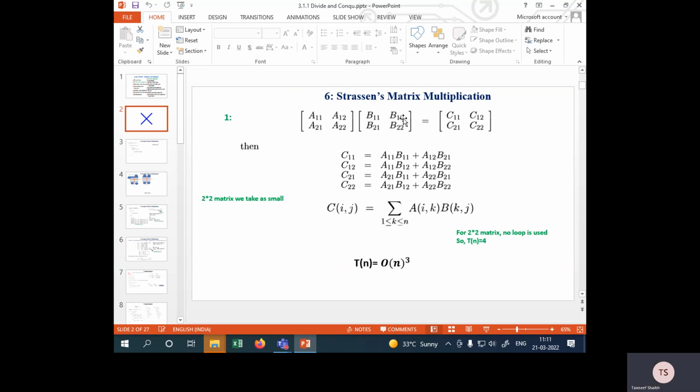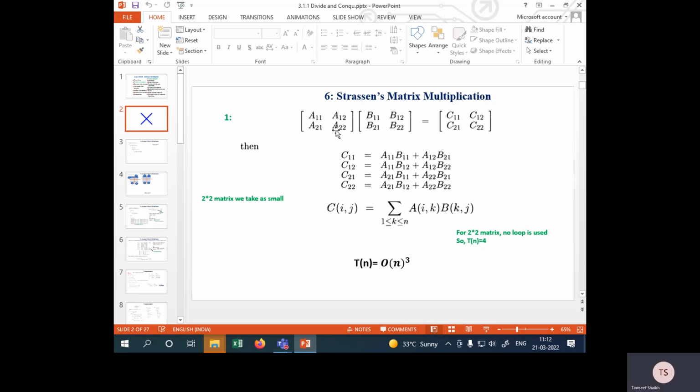In this case, the complexity is order of n cube, which means the total number of multiplications we have to make to find the product A cross B. Since n is 2 here, 2 power 3 equals 8, which is the total number of multiplications needed.